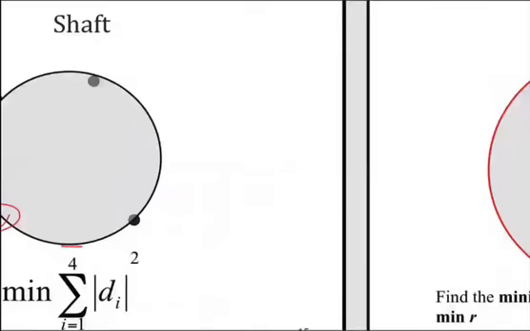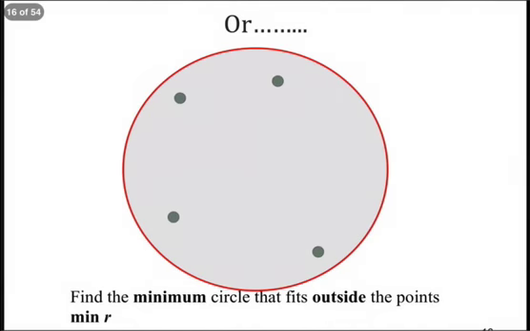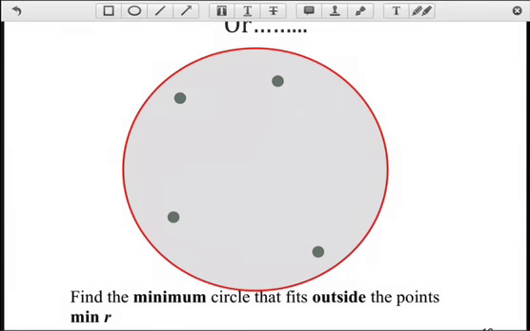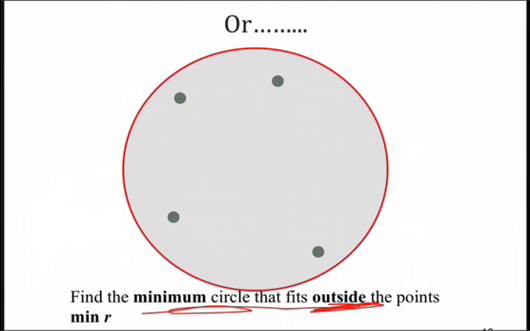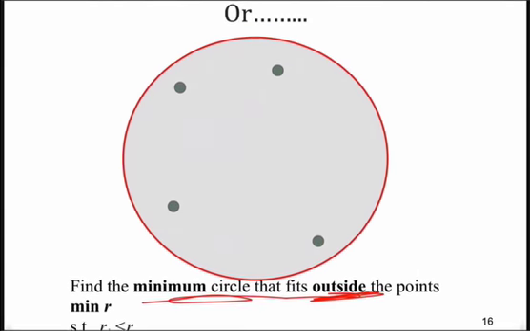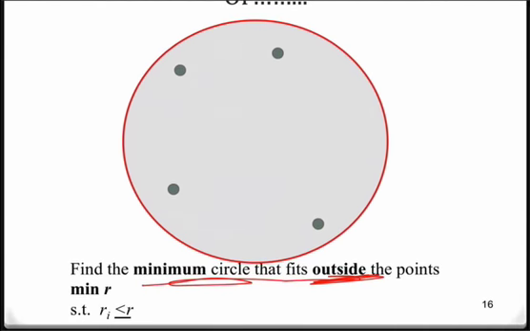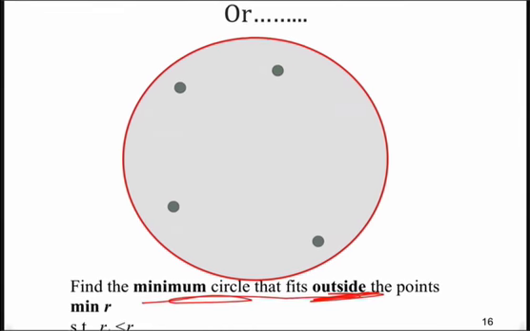So instead of using that approach, we might take a similar approach to the hole and find the circumscribed circle around the points. So we want to find the minimum circle such that all the points fit inside the circle, or conversely, the circle is outside all the points. The criteria here is that each distance from the point to the center of the circle has to be less than or equal to the radius of the circle.